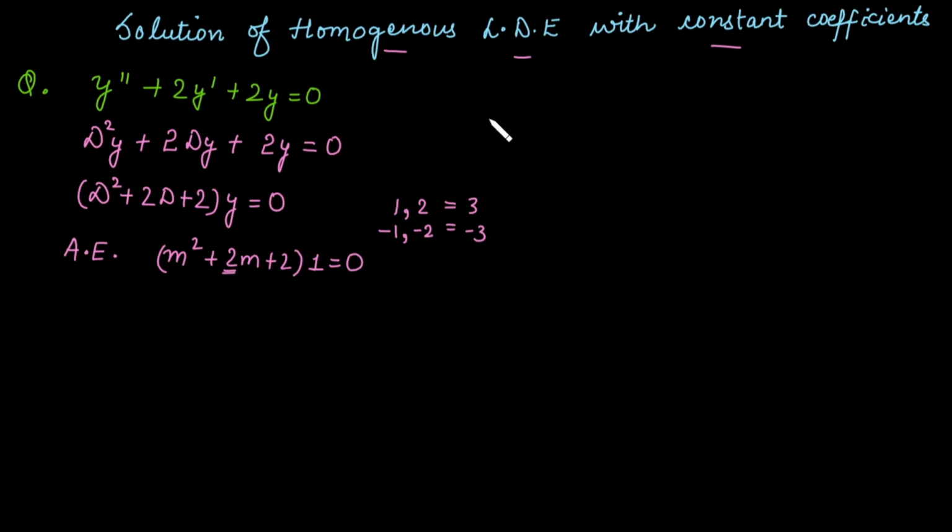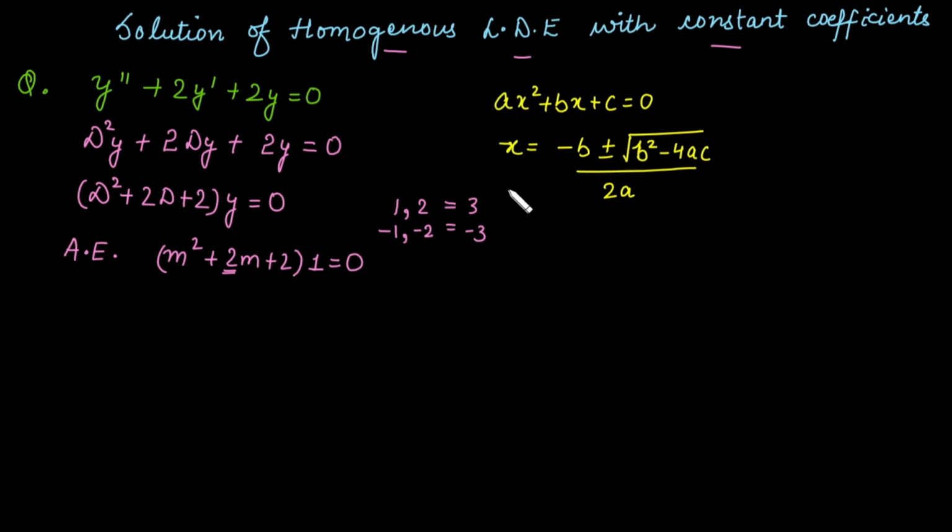So for that we will apply the formula. Consider the general quadratic equation, and in this case the formula is this one in order to find the root, that is the value of x. So apply this one.